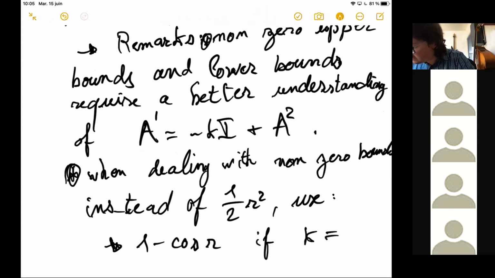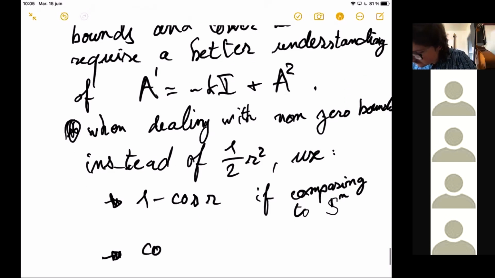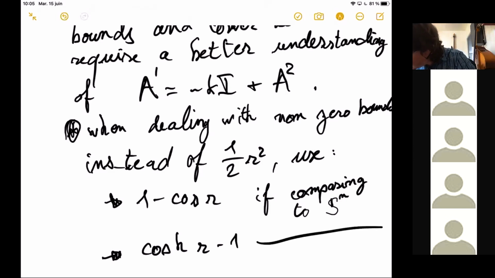if comparing to the sphere, let's say, and hyperbolic cosine of r minus 1 if comparing to the hyperbolic space.